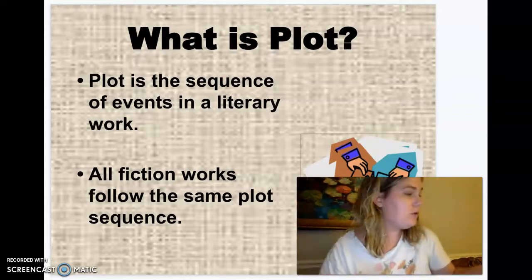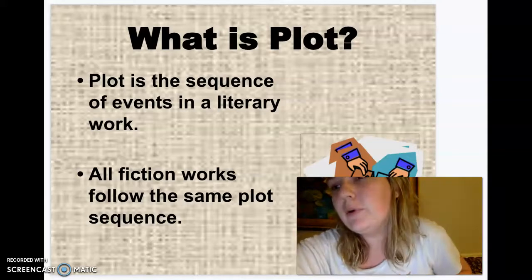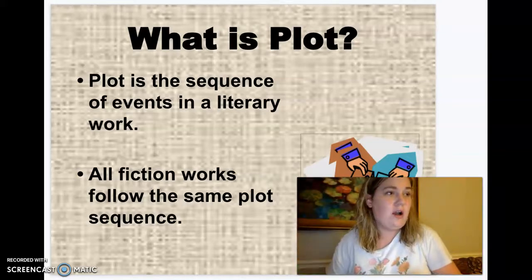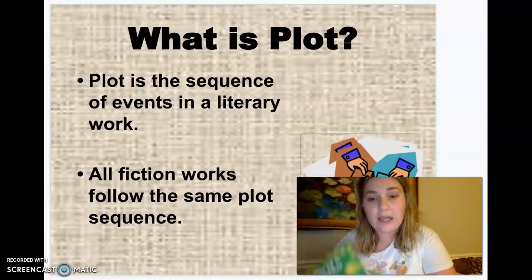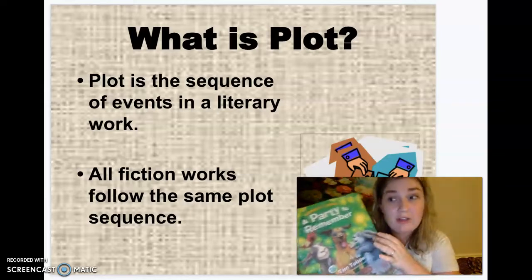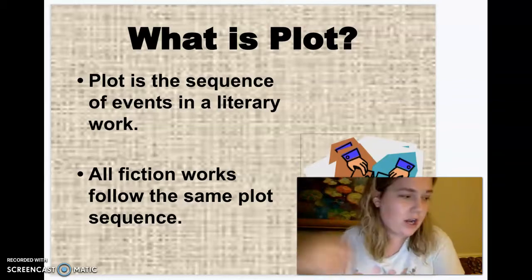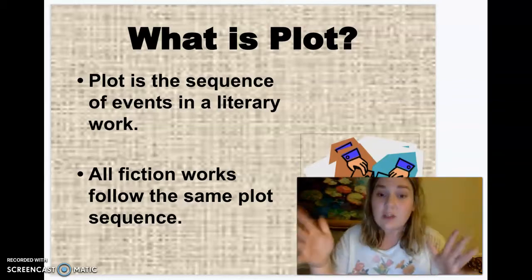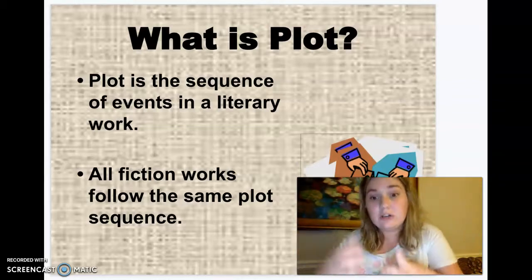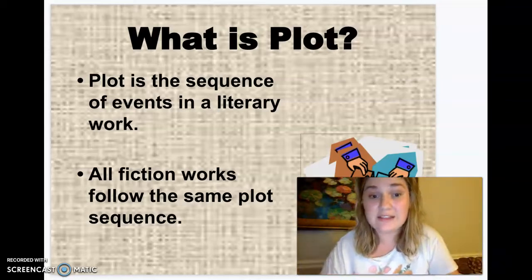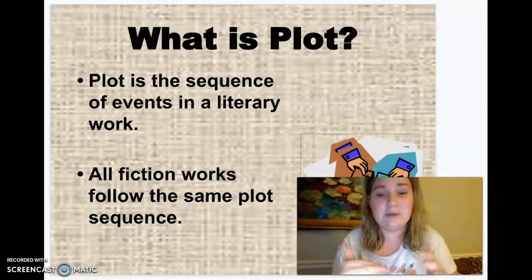Anytime you read a book, whether it's Chronicles of Narnia, or even a children's book like I have here, I have a million children's books because of my little daughter and son, there's going to be a beginning, a middle, and an end, because plot follows a sequence of events. So it's always going to have the sequence of events.